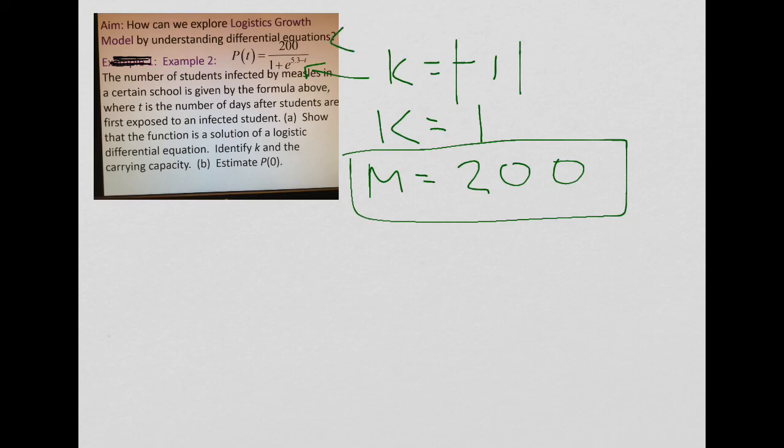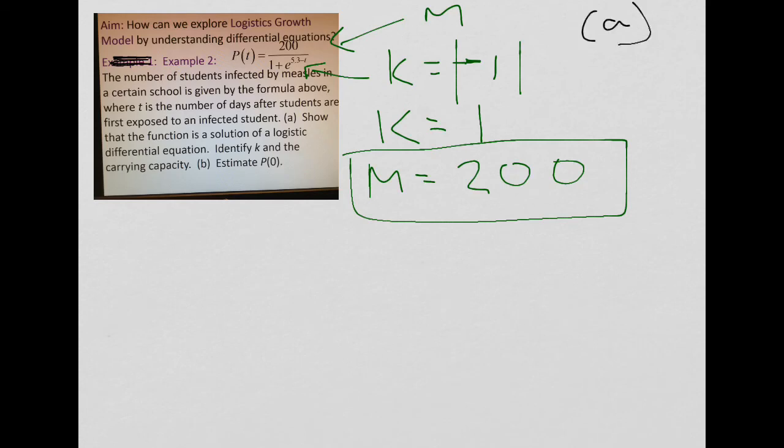So it's in that format, we just are not used to seeing it in the form that I gave you. So I just wanted to go over that with you, so keep that in mind. So 200 is M, and the k is the coefficient for t, but it's got to be the absolute value.